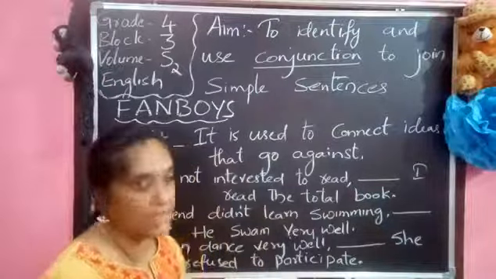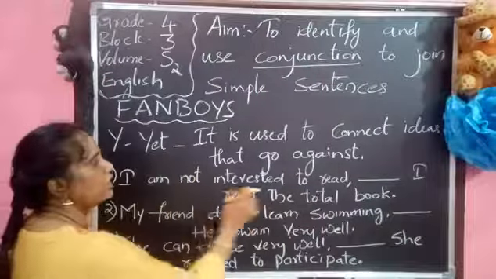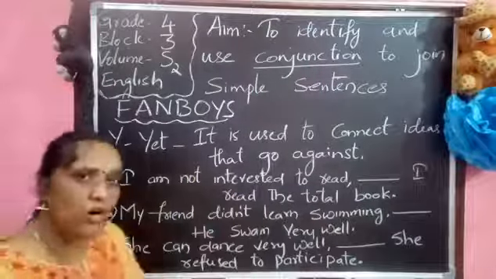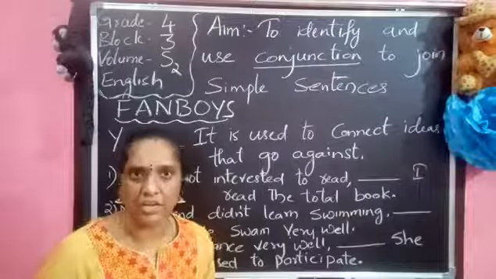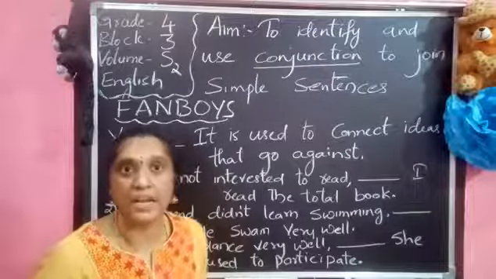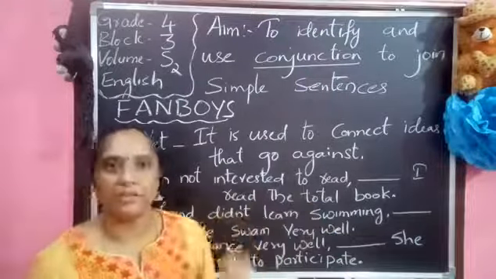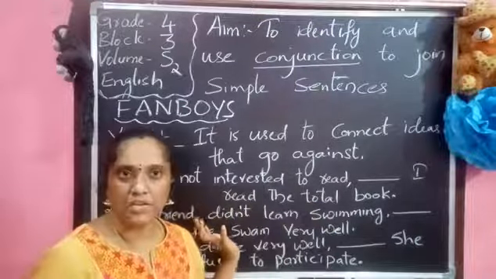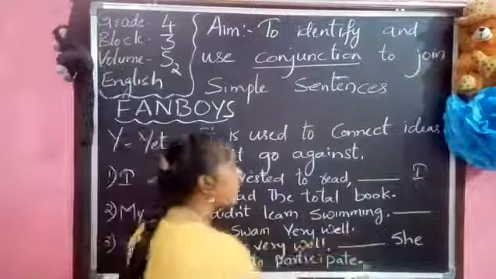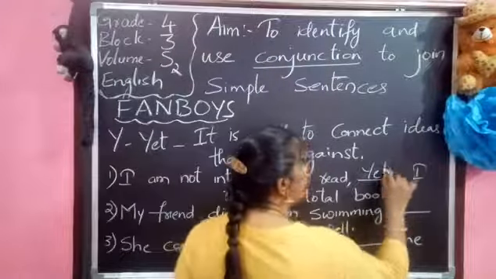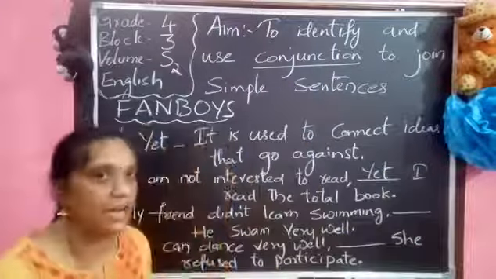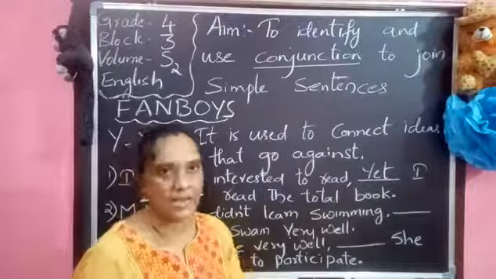So let us go with some examples. I am not interested to read. So if I am not interested to read, I must not read. But I am reading here. Okay. So I read the total book. Means I am not interested, yet I read the total book. Sometimes you will get confused with yet and but.